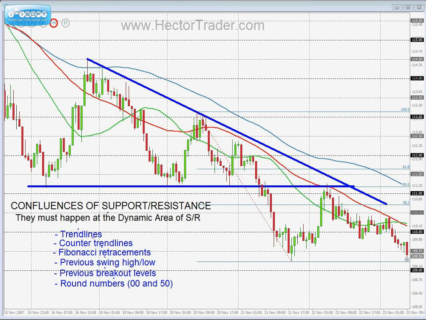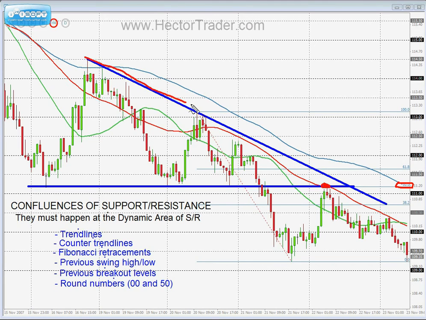Any round number? Yeah, we have the 11100 round number right there. So what does that mean? It means we have few elements coming together at the dynamic area of resistance. We have the round number, 11000 round number. Also, we have the 50% Fibonacci retracement right there.